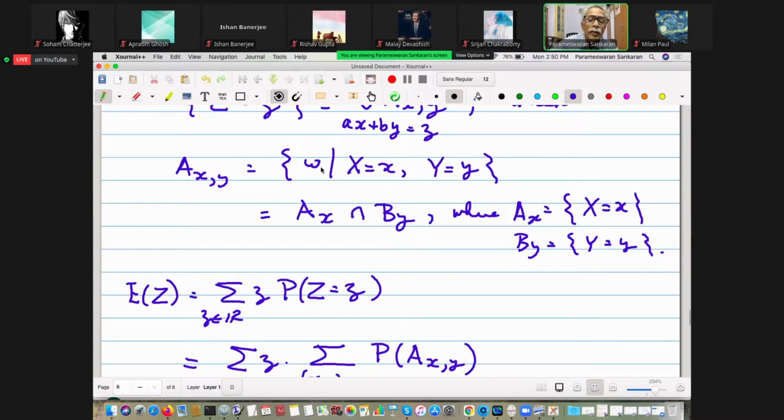That just simply means that I have omega such that X omega is equal to X. I left out the omega here, but it's understood. So equivalently, you can say that AX is the union over AXY, where Y is arbitrary.